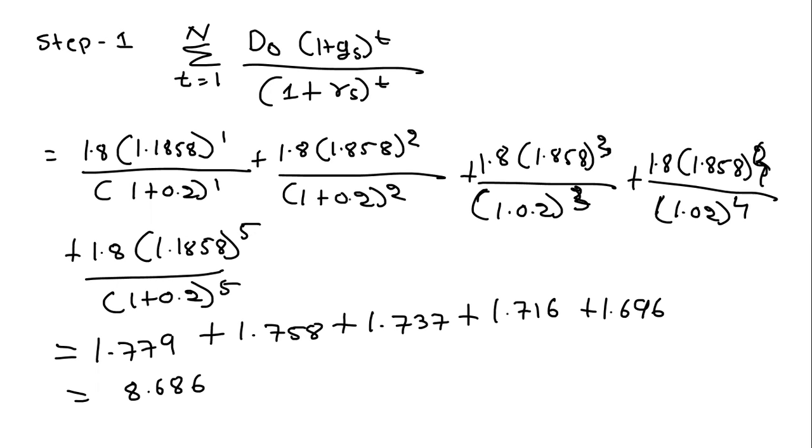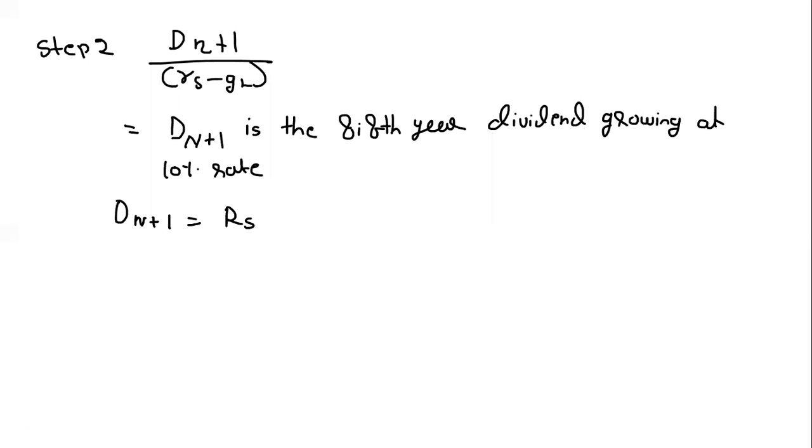If we simplify this, 1.8 times 1.1858 to the power 5, we get the value 4.2201, and multiplying by the growth factor 1.10, we get rupees 4.642.